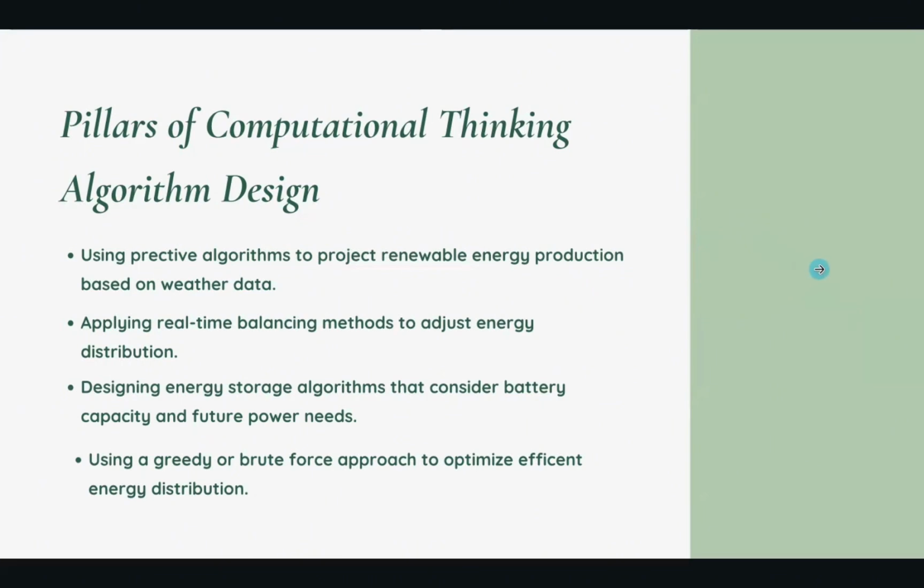Next, we design an energy storage algorithm that considers battery capacity and future power needs. This can help in making smart decisions about when to store and release energy, which can maximize efficiency. And lastly, we can use either a greedy or brute force approach to optimize energy distribution. A greedy approach makes the best immediate decision at each step, while a brute force method explores all possible options to find the best solution.